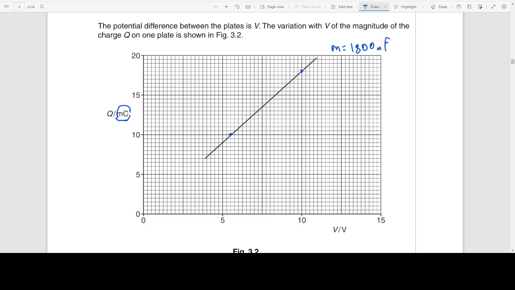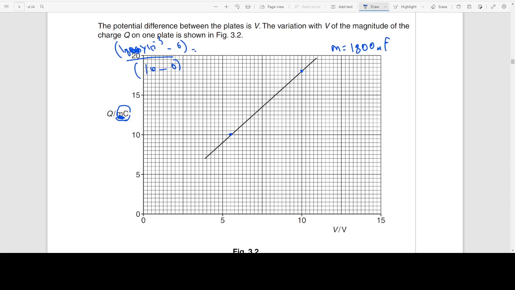1800 microfarad, and what we need to consider is this milli over here. So it's gonna be, sorry, not 1800, it's gonna be 18 into 10 raised to minus 3 minus 0 divided by 10 minus 0, y2 minus y1 upon x2 minus x1.